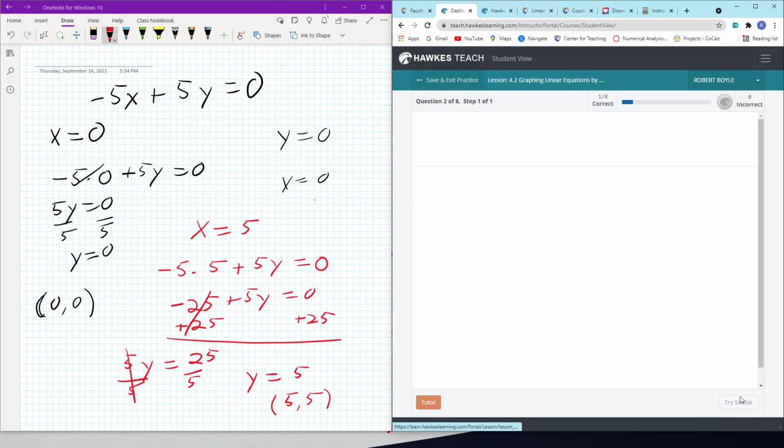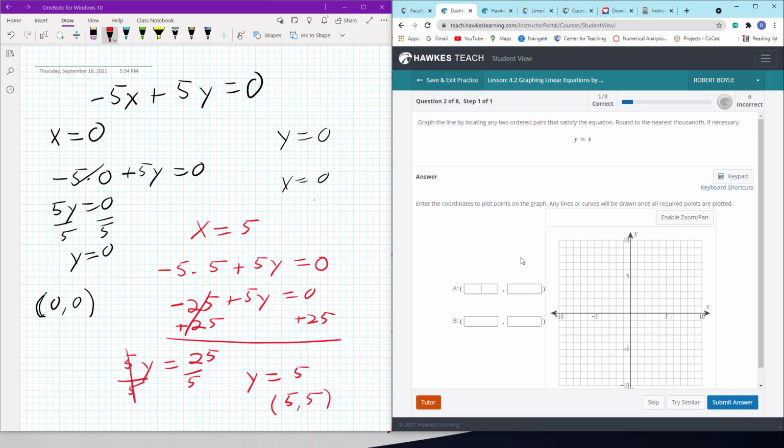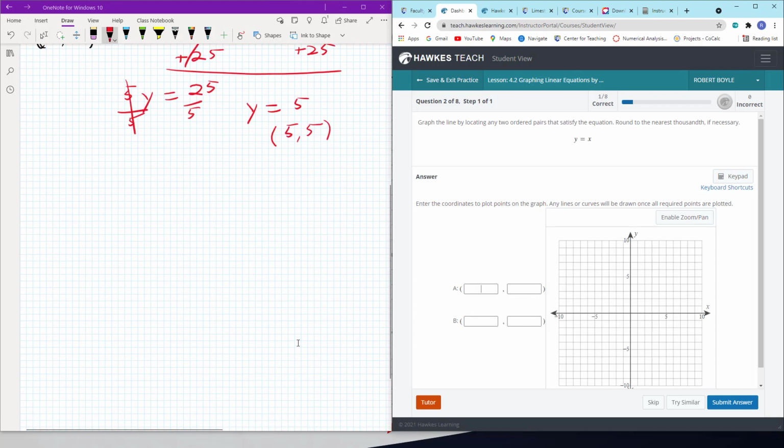Okay, so let's move on to another problem. As you can see, they are all similar. Let's go ahead and do this one. We have y is equal to x. That's not necessarily in standard form, but we can still work with it. Let's let y be equal to 0. Well, then obviously x is equal to 0.